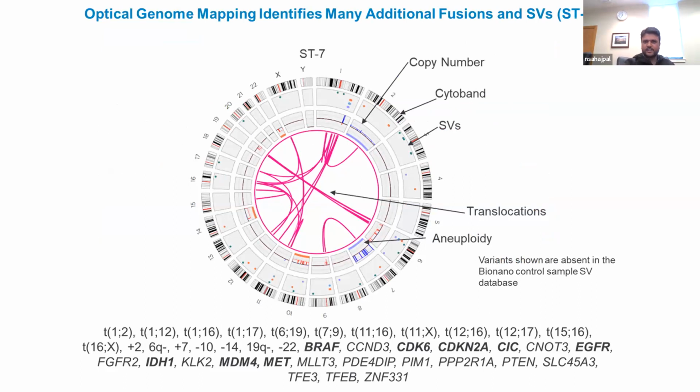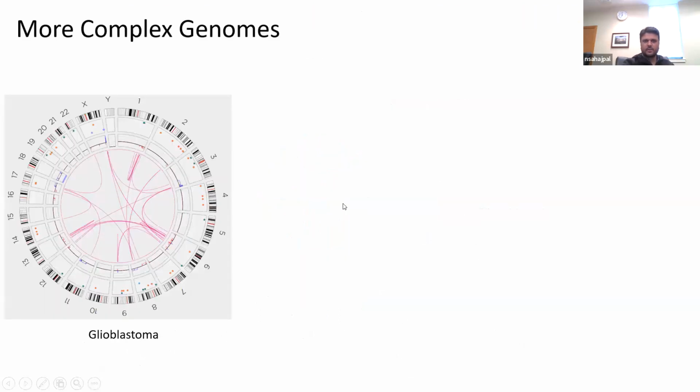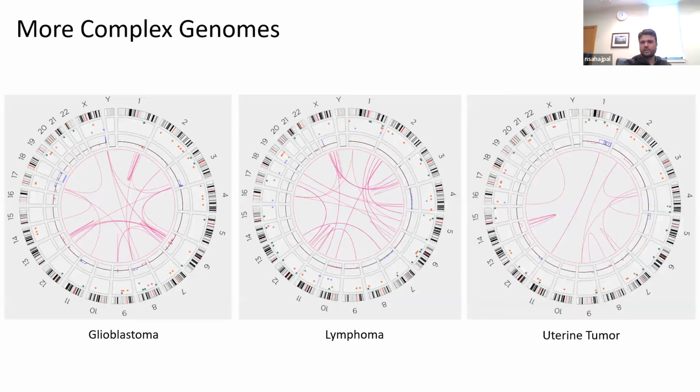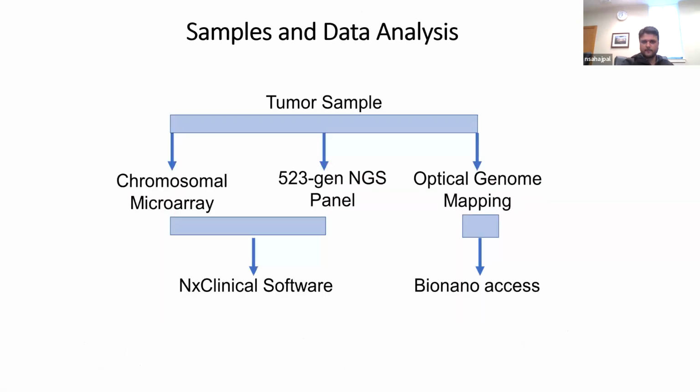So here is an example of a glioblastoma case where you can see these copy number changes and amplifications, but this tumor is enriched by several rearrangements, and all these lines represent rearrangements between these chromosomes. And when we look at different tumor types, for example, here glioblastoma, lymphomas, and uterine tumors, they are all enriched with these rearrangements, which we have been consistently missing in our SCAR or HRD score calculations.